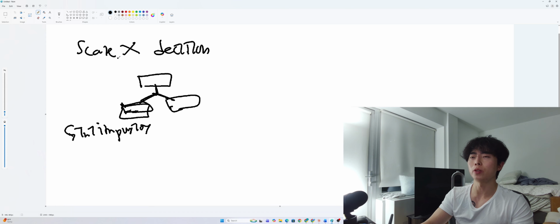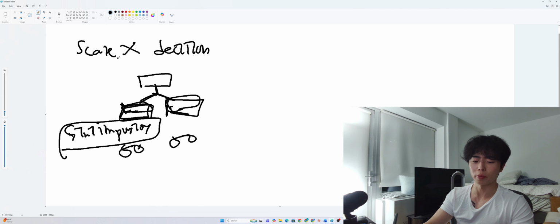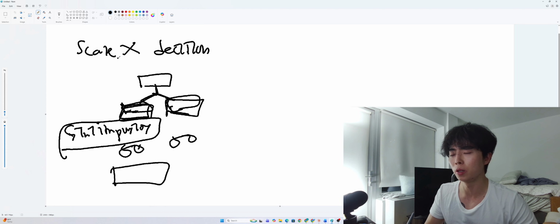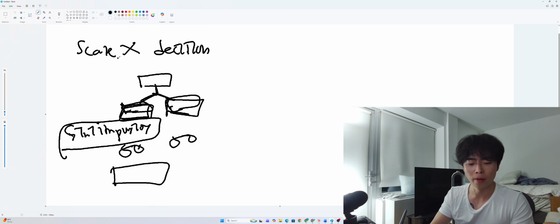So if this side only contains one class, and this side cleanly makes a 50-50 class, in a good classification model, the Gini impurity score will be low, because impurity basically means it did a terrible job in classifying binary classification or multi-class classification problems.